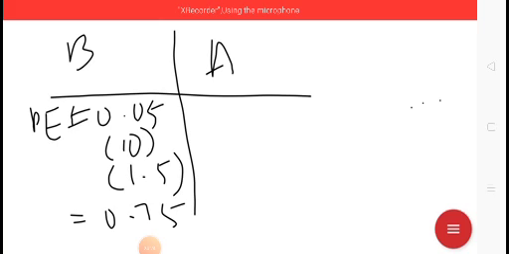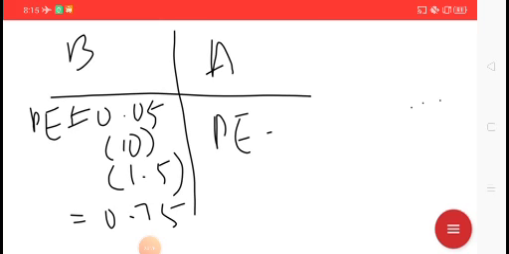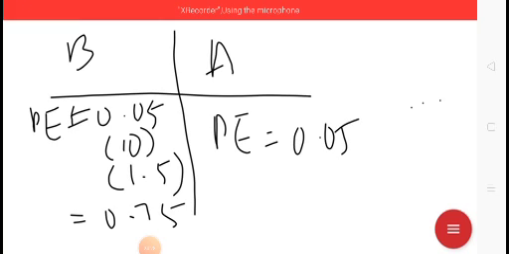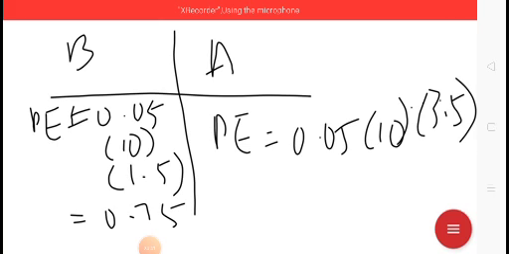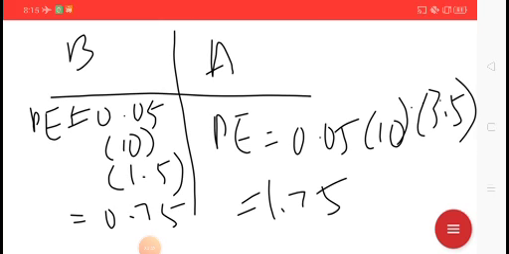Your PE is 0.05 times 10 times 3.5. Okay, here you will have 1.75 joule. Okay, these are the PE for before and after.